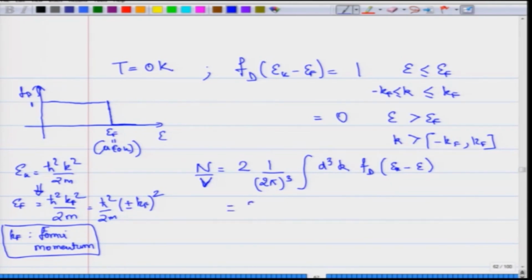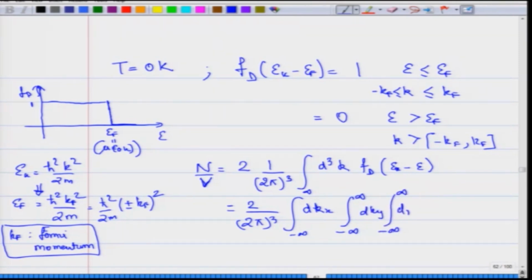So, let me write it as 1 over (2π)³ integral dkx from minus infinity to plus infinity, integral dky from minus infinity to plus infinity, integral dkz from minus infinity to plus infinity, Fermi-Dirac E(k) − Ef. But you know that the Fermi-Dirac distribution is going to be 1 only between plus minus kF, and it is going to be 0 elsewhere.